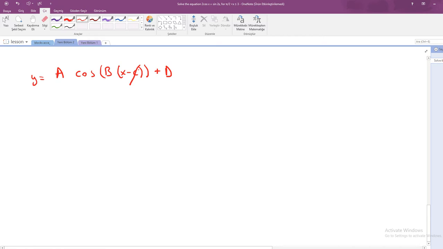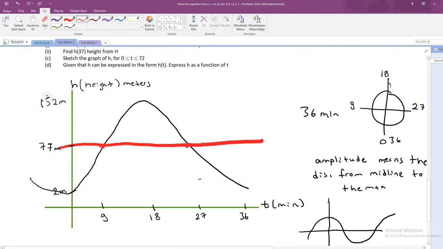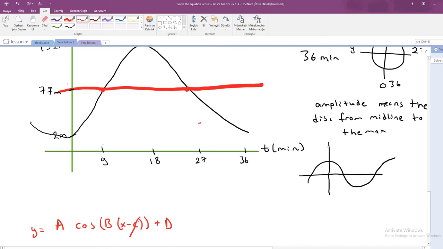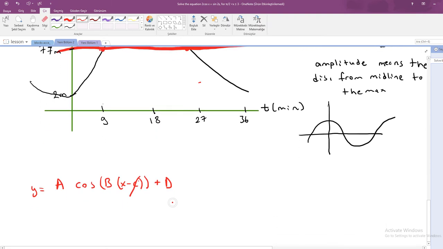There will be just a vertical shift. Here we are lifted 77 meters compared to this one. Our midline is not the x-axis, it is above by 77 meters. So we will add plus 77 for d. We will come to that in a minute.